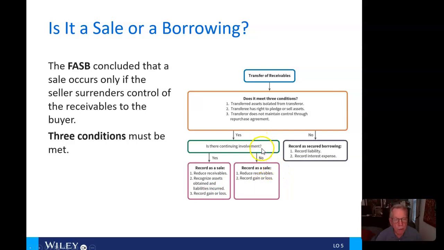If no, if the continuing involvement is not there, then we're just going to reduce the receivables and record a gain or loss. Now, if it does not meet the 3 conditions, it's recorded as secured borrowing. We'll record it as a liability and record interest expense.